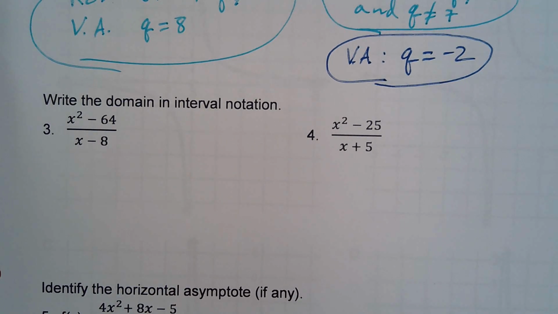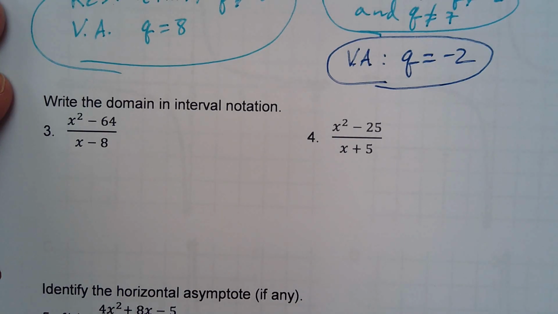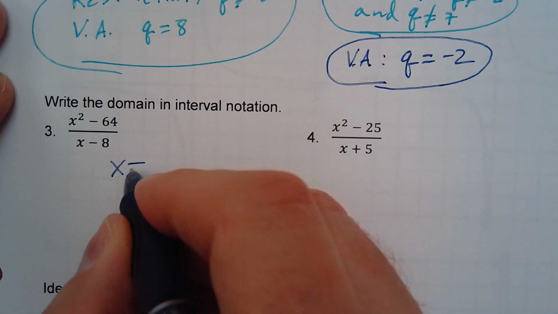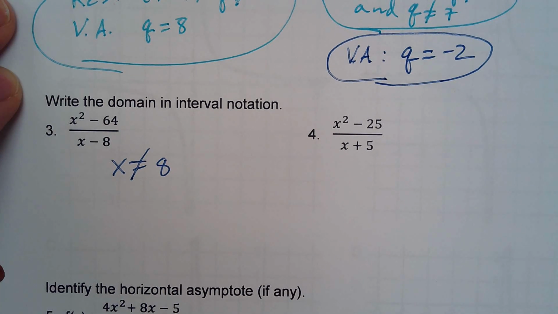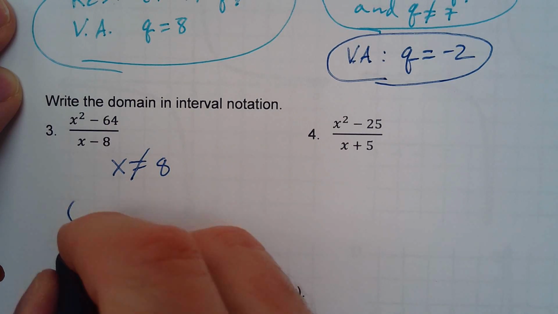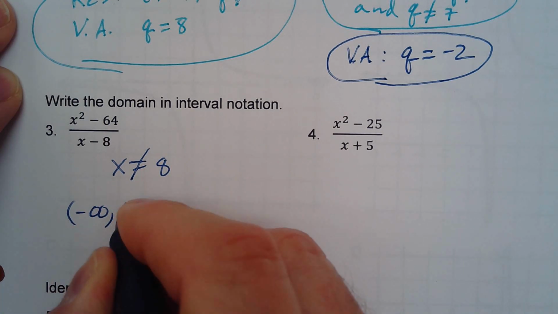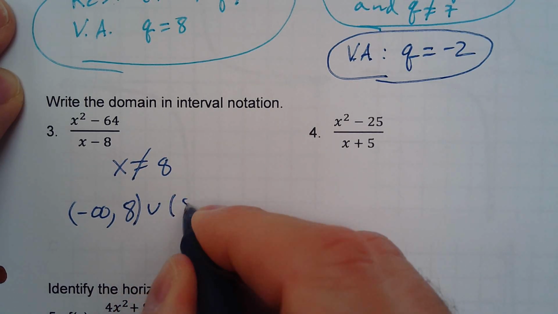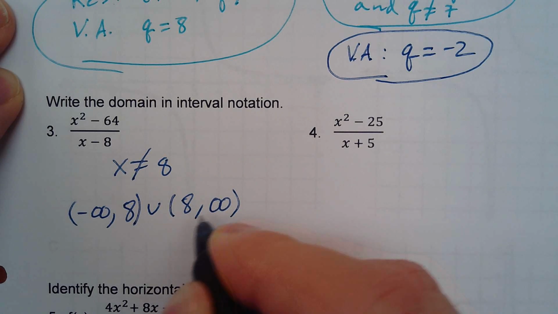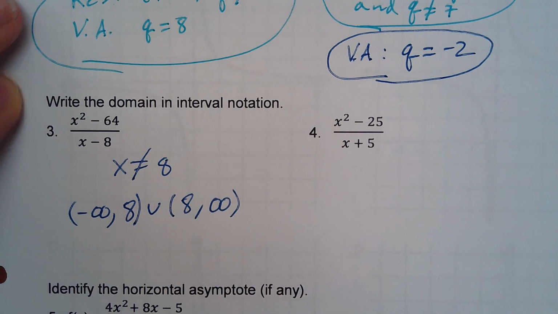For number 3, we're just finding the domain. Well, here x cannot be equal to 8. So my domain is going to be all real numbers except for 8. So we'll write that as negative infinity to 8 union 8 to infinity. Make sure we have parentheses around the 8's because we cannot include 8.